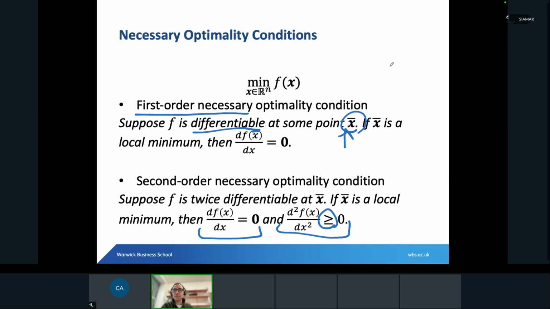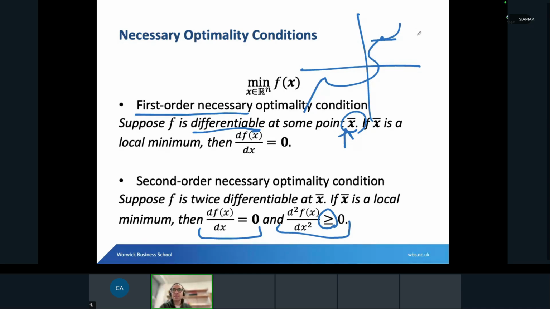So why do we have the second order? Because of this example I showed you. It may be something awful that I draw, but here there is a point where the first derivative is equal to 0. Remember that the derivative at each point gives you the slope of the function. Here you have a point like a saddle point, as we call it, like it looks almost like a saddle.